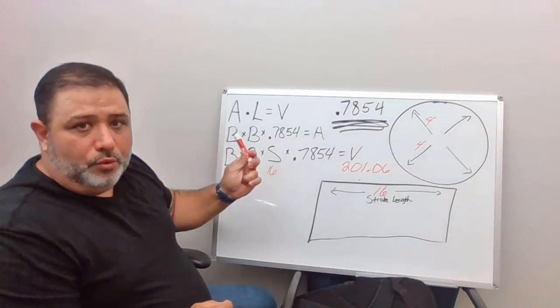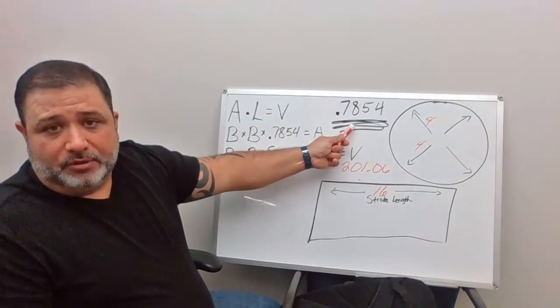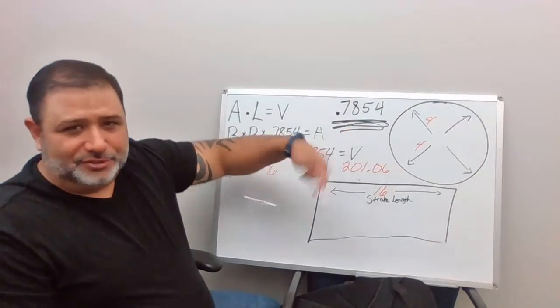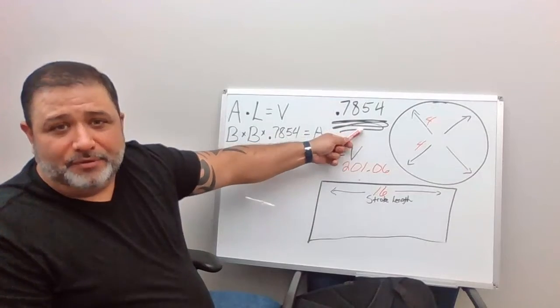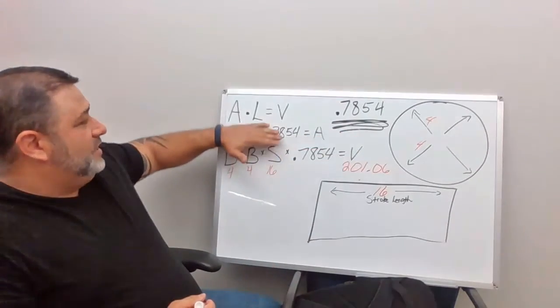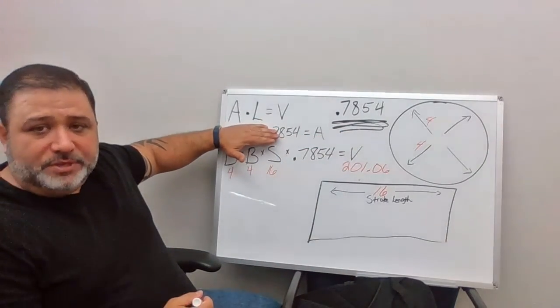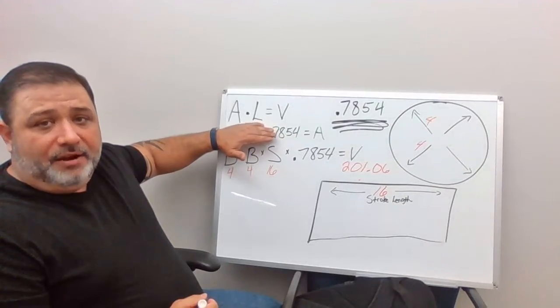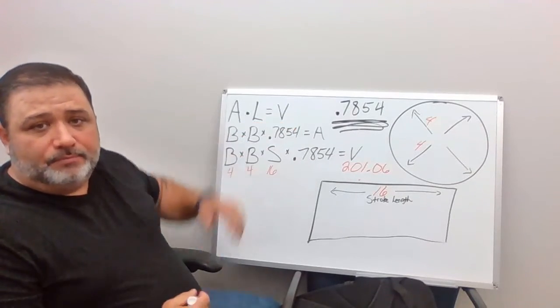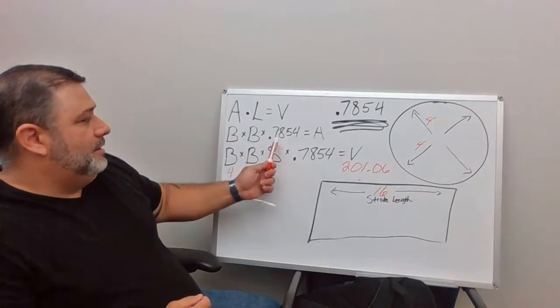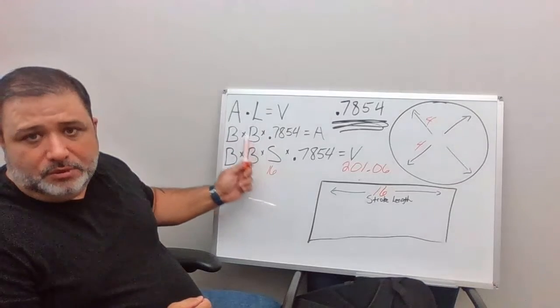So write this number down in big letters. Circle it if you have to. Remember that number. Write this formula down here. That's the formula that you'll be seeing: the area times length equals volume. And me personally, I would write these two down also.